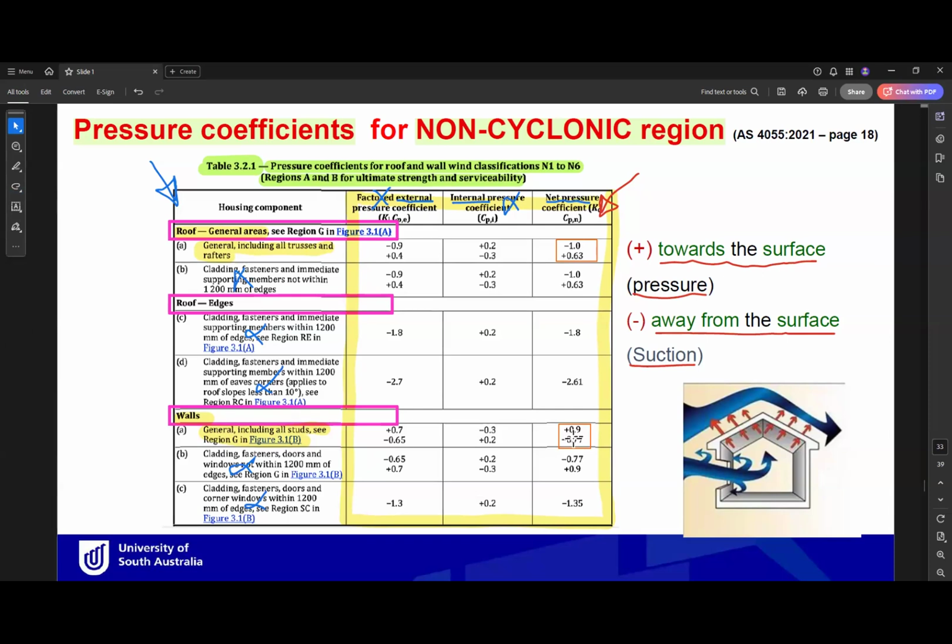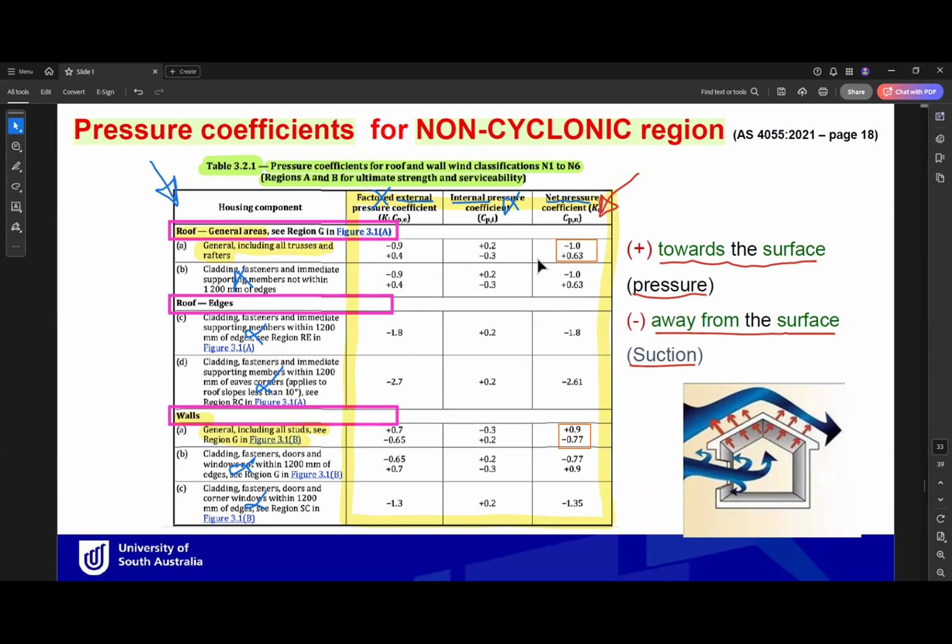For walls, we have positive 0.9 pressure and negative 0.77 suction. What do the two values mean? The two values mean that we have two cases of wind load applied: one suction and one pressure for walls, and one suction and one pressure for the roof. So you need to consider both of them in your calculation. This will give us more than one value for the roof and more than one value for the walls.